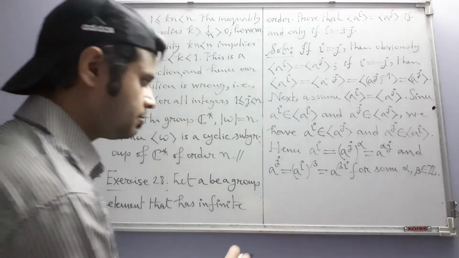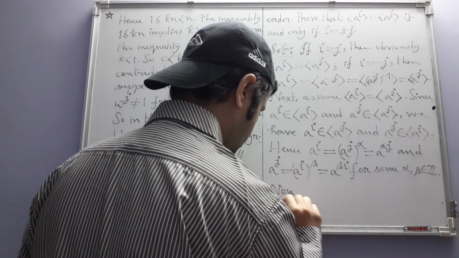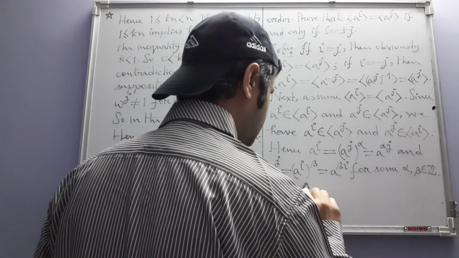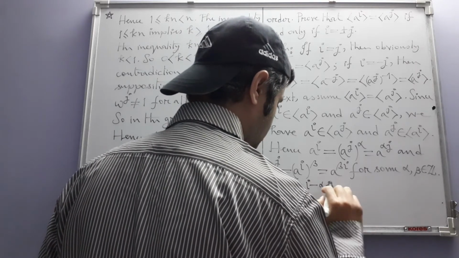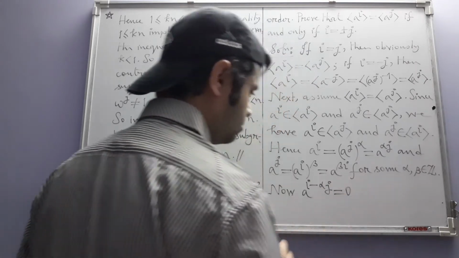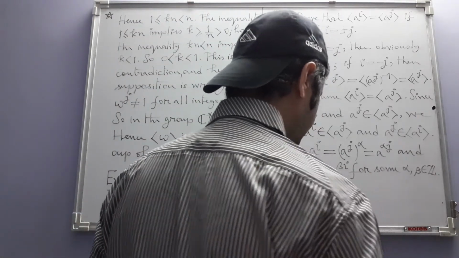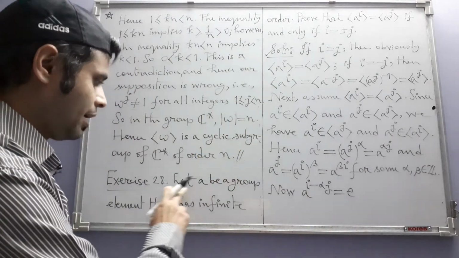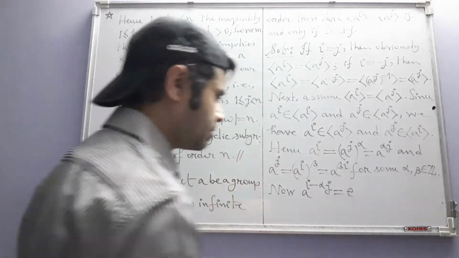Okay. Now, a to the power i minus alpha j is equal to, it's not 0, it's the identity element in the group. Wherever this a is an element, it's the identity of that group.